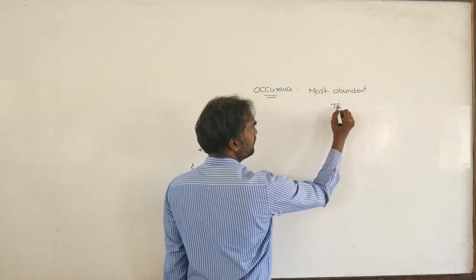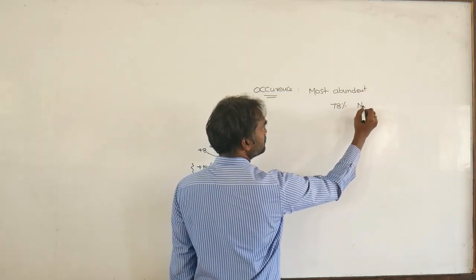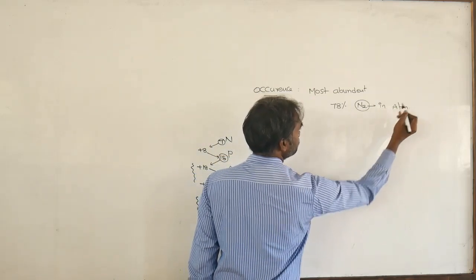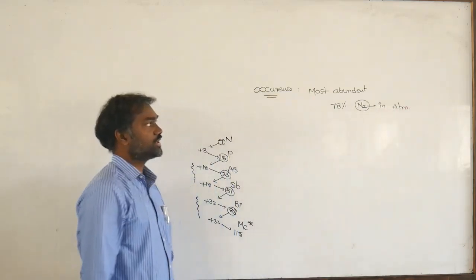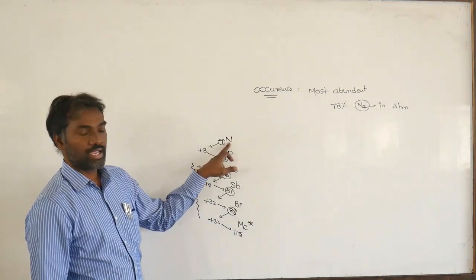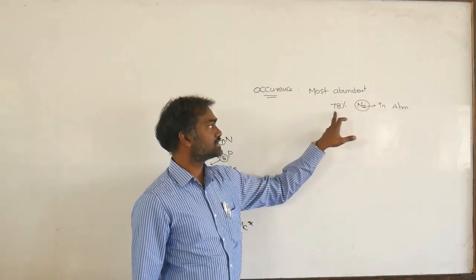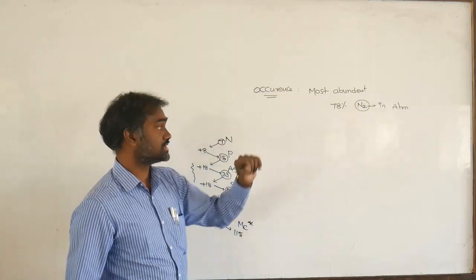There is 78% nitrogen gas in the atmosphere, so this is a highly stable molecule.